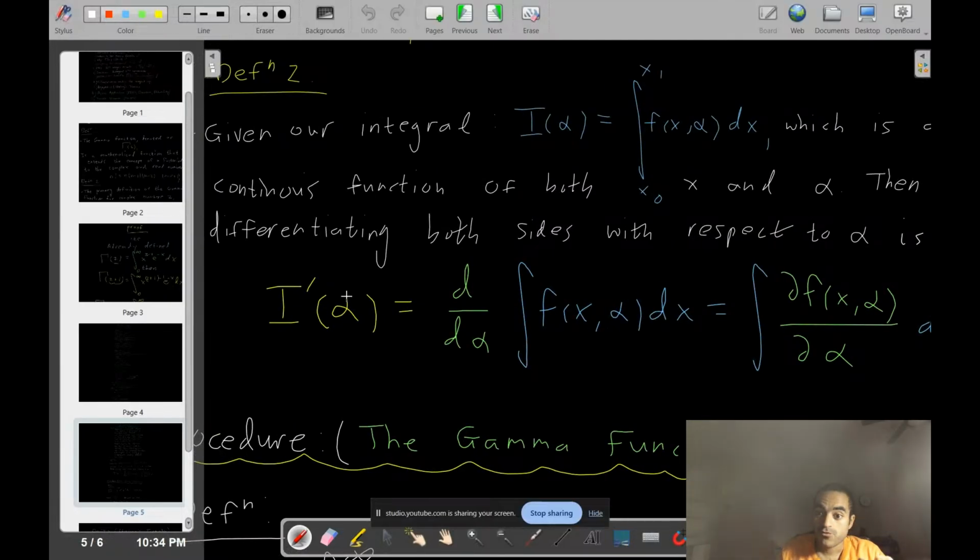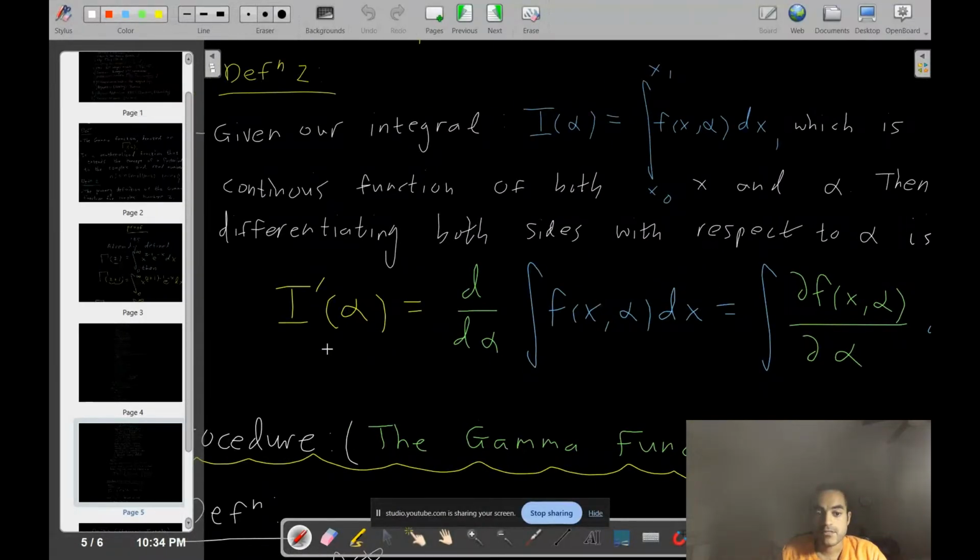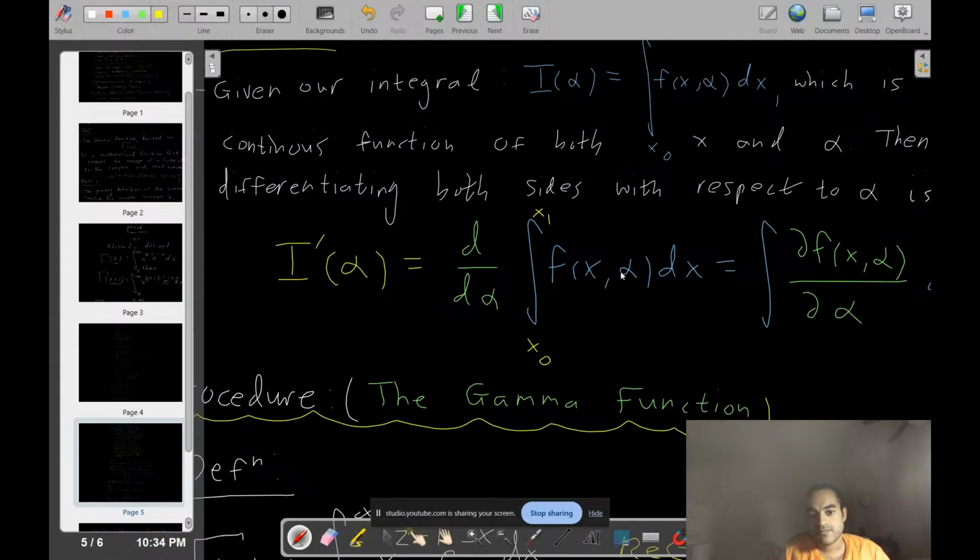Then differentiating both sides with respect to alpha yields capital I prime of alpha is d by d alpha of the integral from x0 to x1 of f of x comma alpha dx, right? Because I'm differentiating both sides.